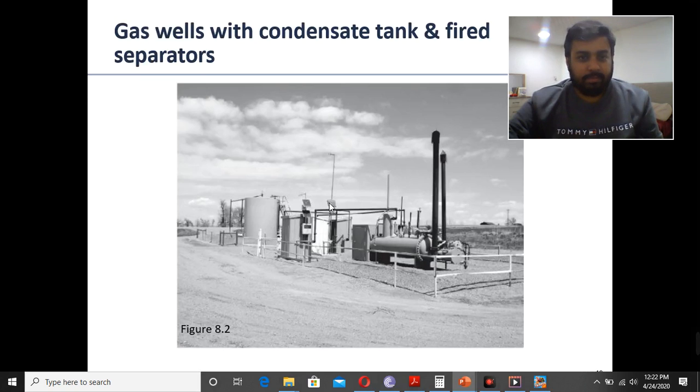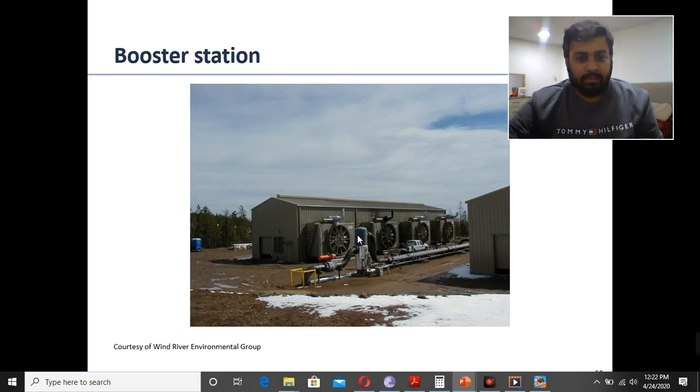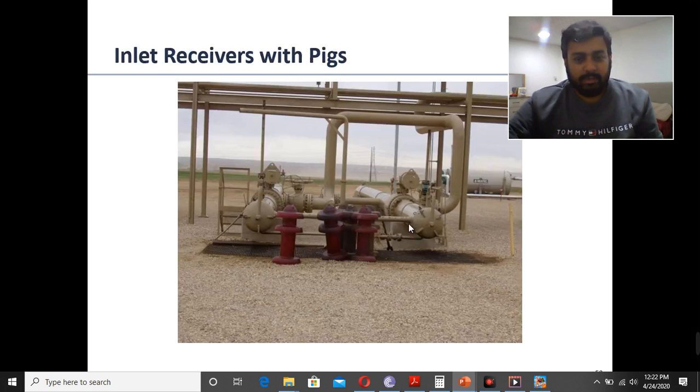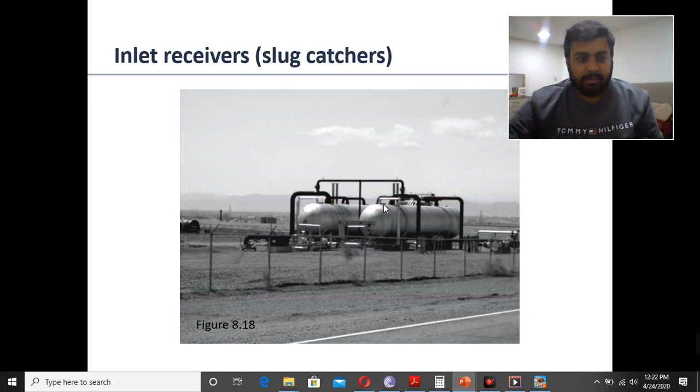Look at this. This one is the gas well with condensate tanks and fired separators. This is the booster compressors 1, 2, 3, 4. This is the pig launchers area. These are the inlet receivers with pigs. These are the pigs that I showed you. These are the slug catchers. Inlet receivers. These are the storage tanks or separators.